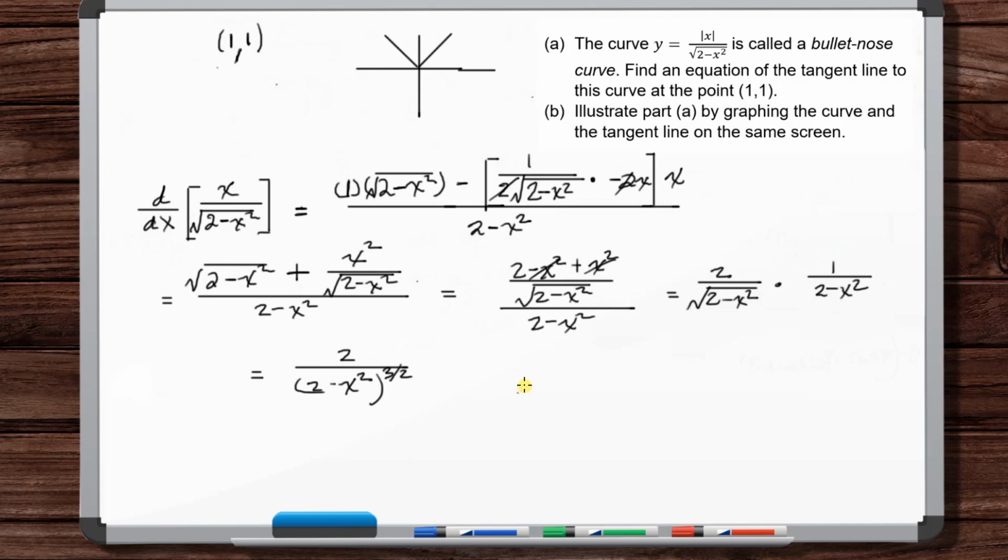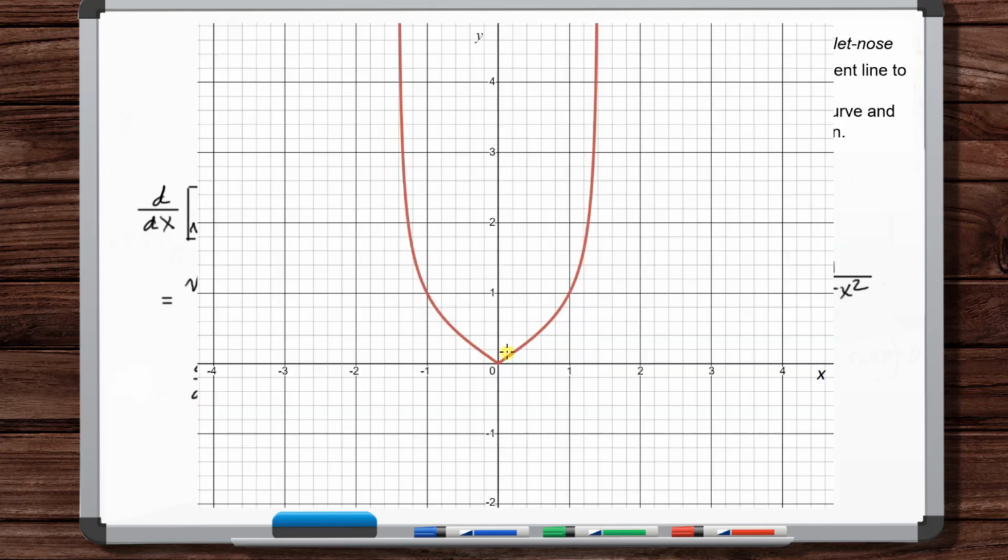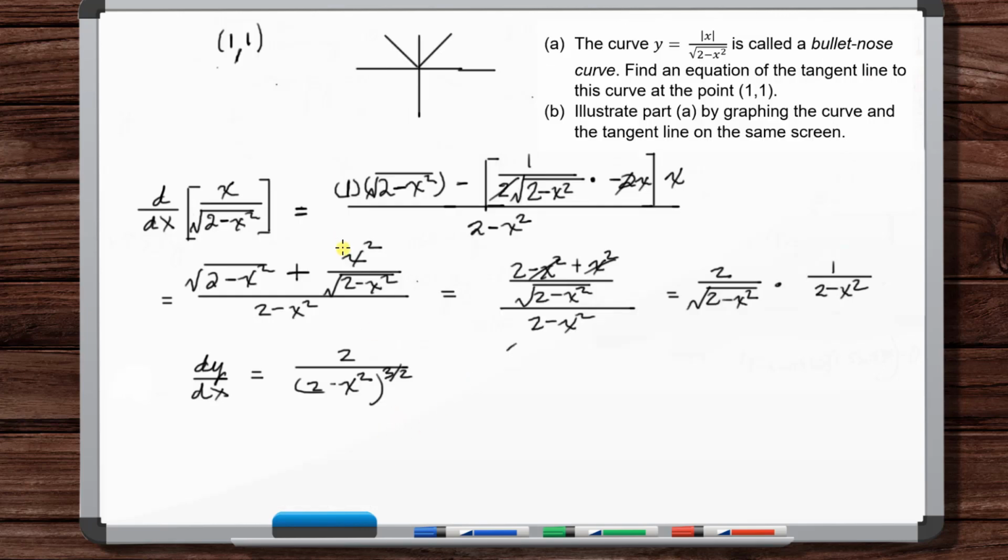There we go. So this is dy/dx. That is our derivative for this region of the curve. Not the derivative for the entire curve, just this region to the right of the kink. Okay, so what are we trying to do? We've got a point, and we're trying to find the slope at x equals 1.